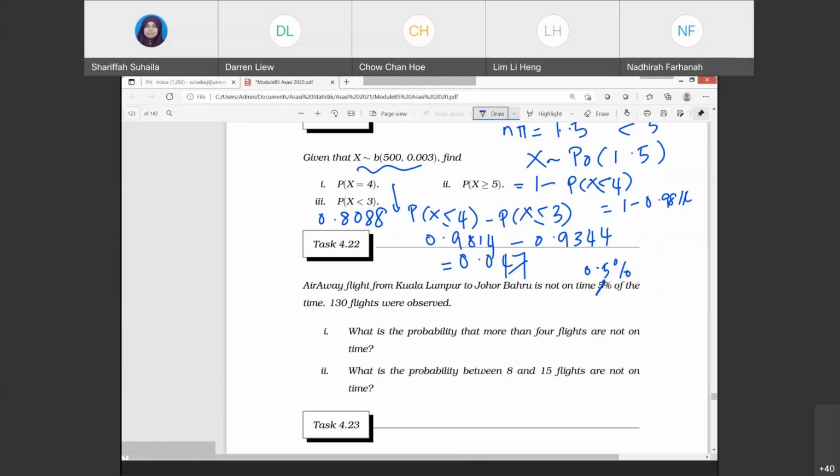Your X is binomial, your n is 130, and 0.5%. How do we write 0.5%? You will have 0.005 times 130.